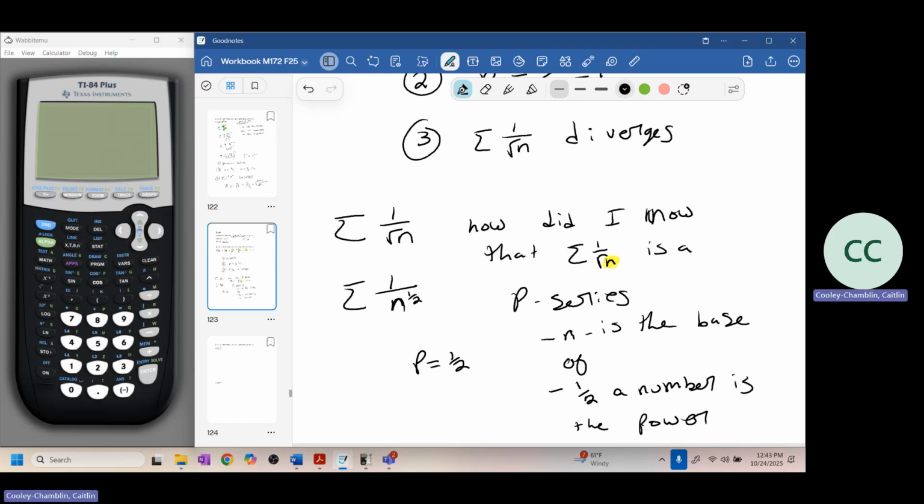So if I have a power that is a set number, and n is at the base of it, n is the number that is changing, or the variable is the base, and a number is the power, that's how I know that this is a p-series.